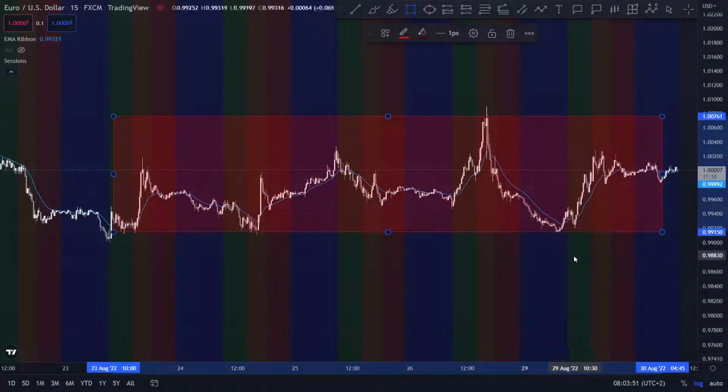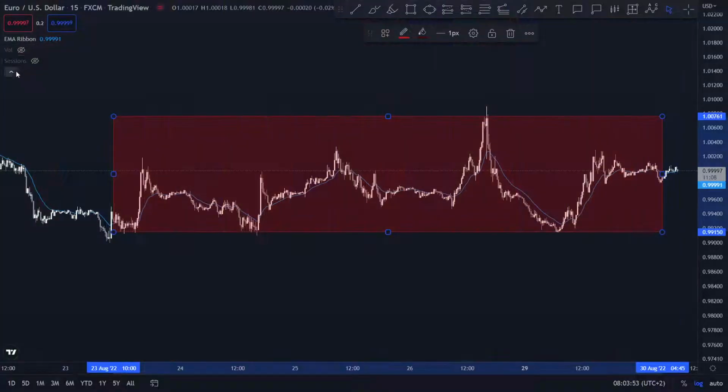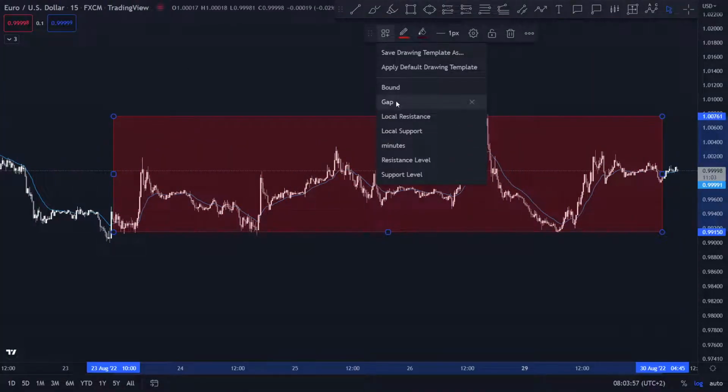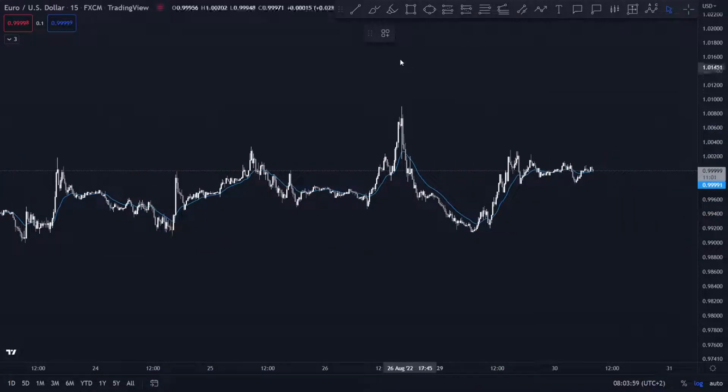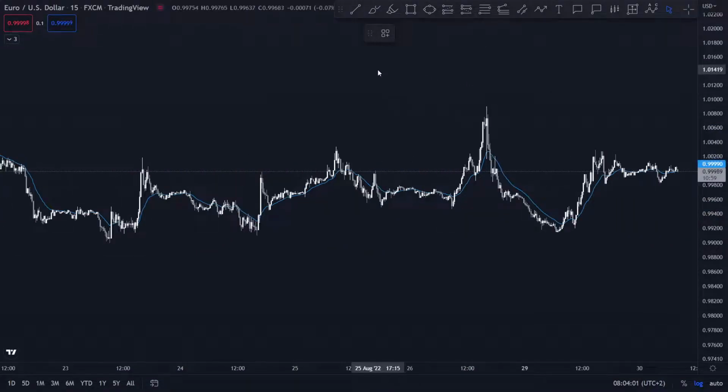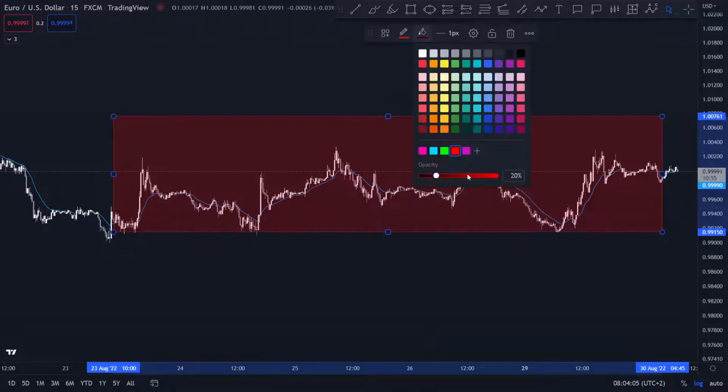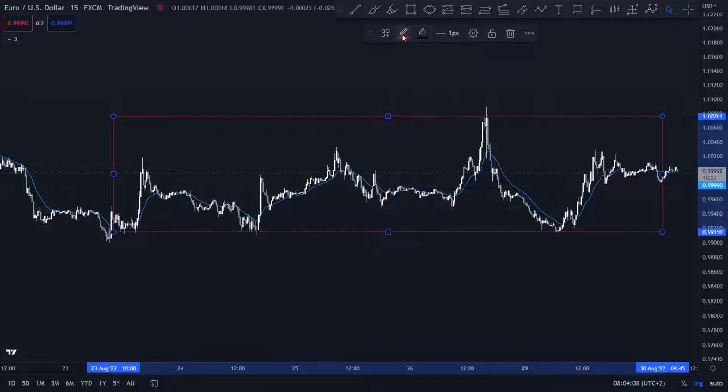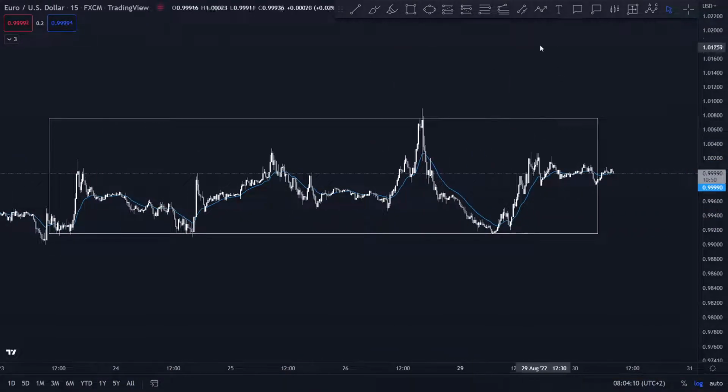And this very big trading range has another trading range here.